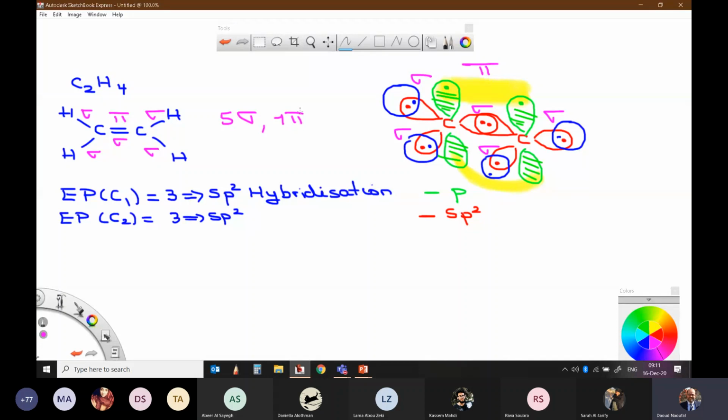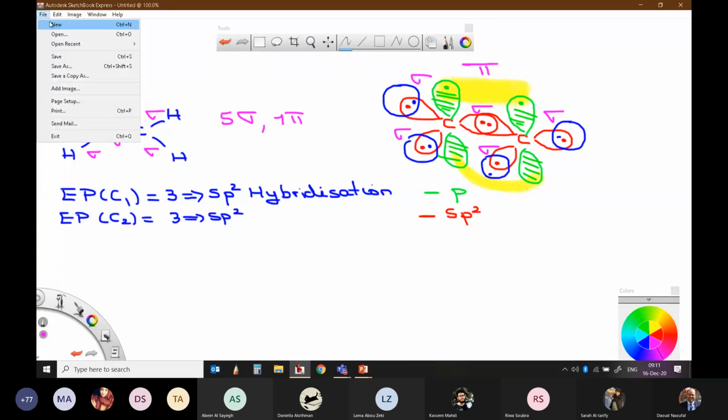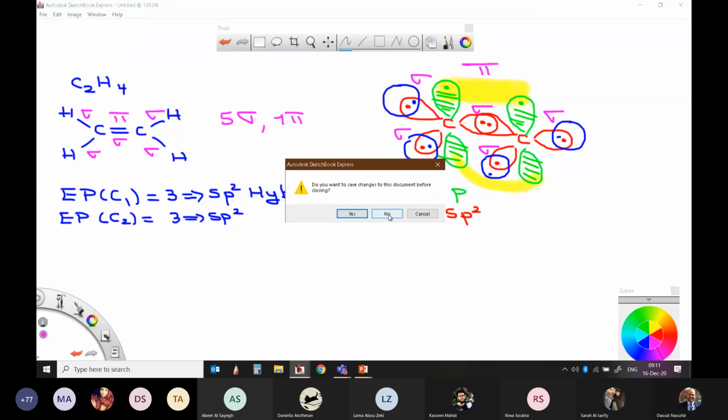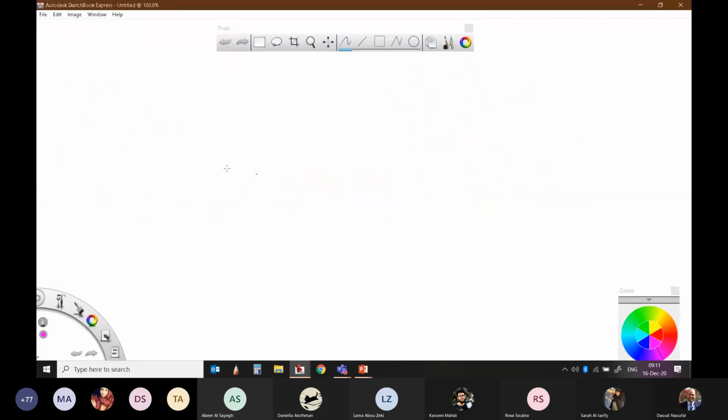Now I pass to C2H2. For C2H2, we draw the Lewis.